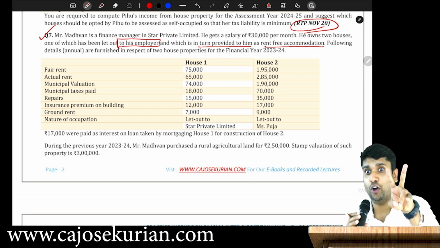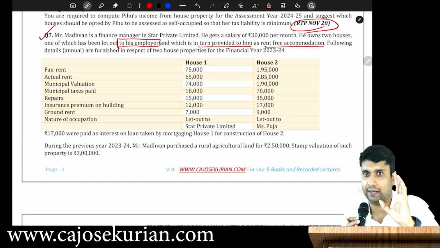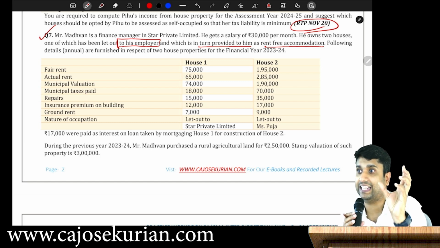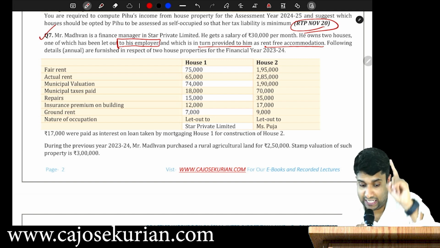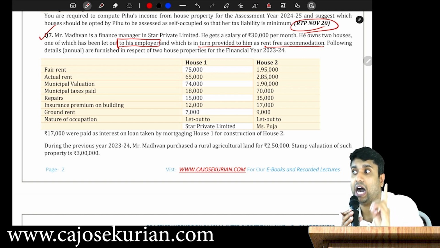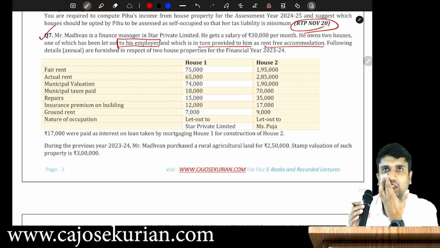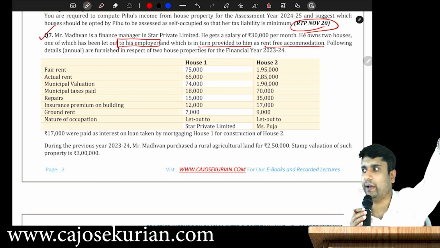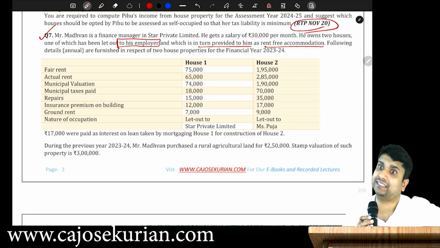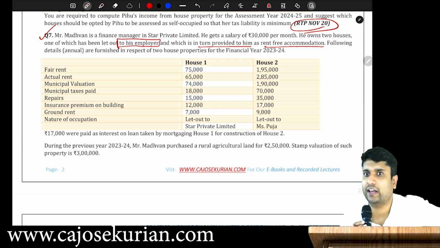So dual benefit. Number 1, for the rental income under the house property head, I have to treat it as a let out property to my employer. And treatment number 2, under salary, I have to compute RFA. Or if you are still confused, imagine like this: I've given this house on rent to my employer, and the employer has provided me some other house as RFA.